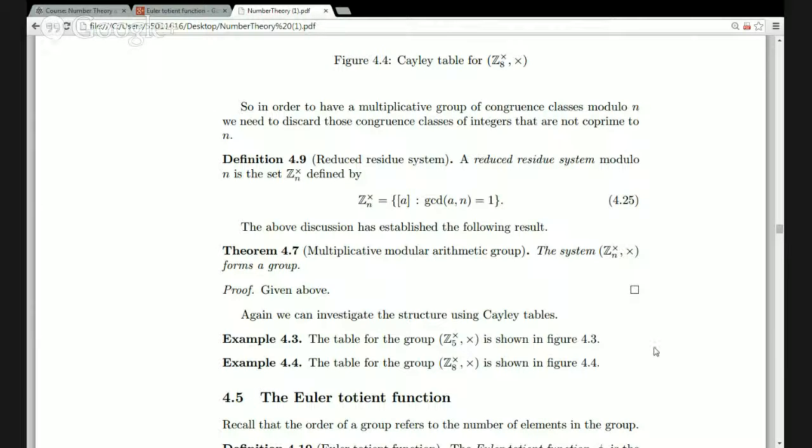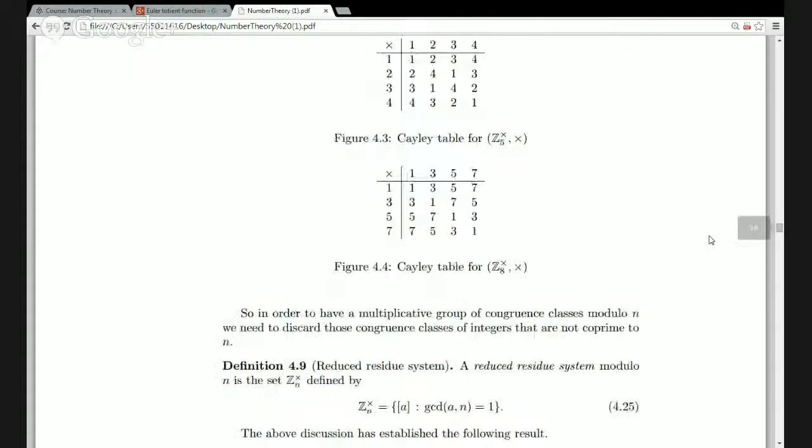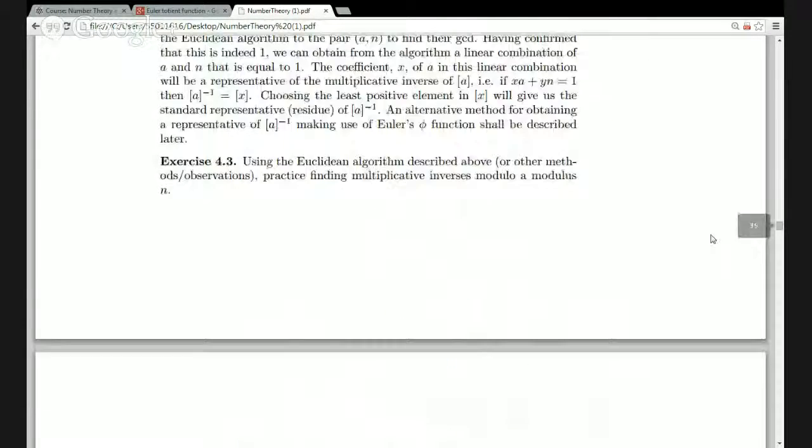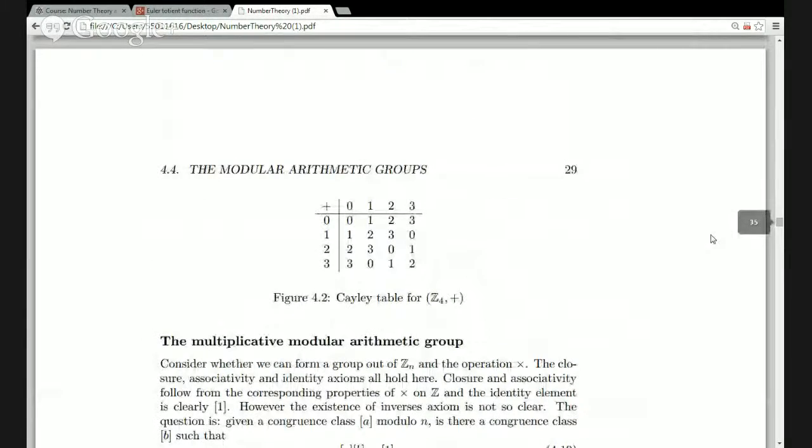Now, there are two groups. There's one using the operation of addition of congruence classes and one using the operation of multiplication. The addition ones are quite straightforward. If you looked at last time, there's a Cayley table, an addition table for the group Z4 under plus. So you've got all four congruence classes 0, 1, 2, and 3. You can add them all together.